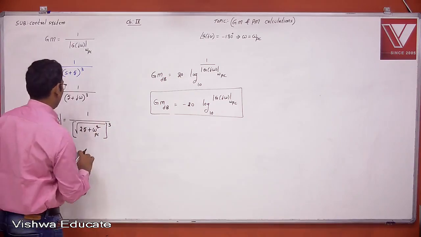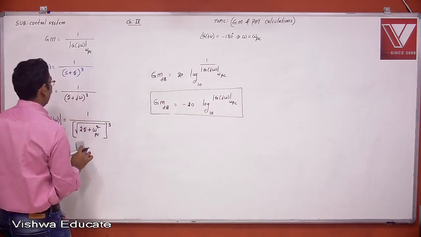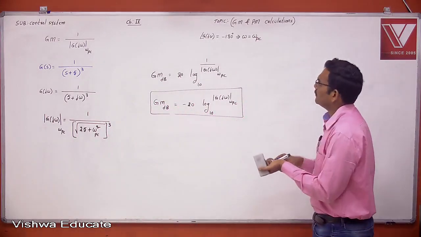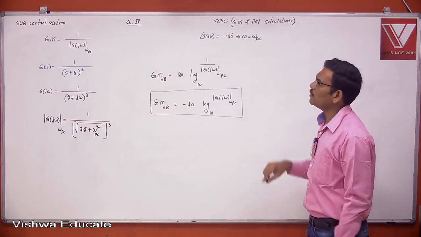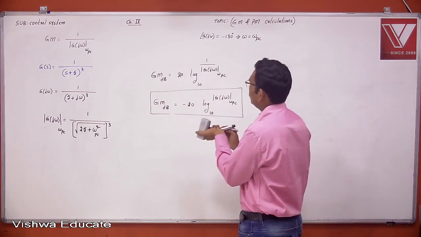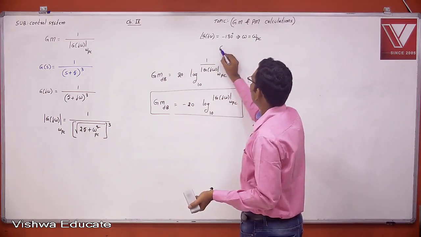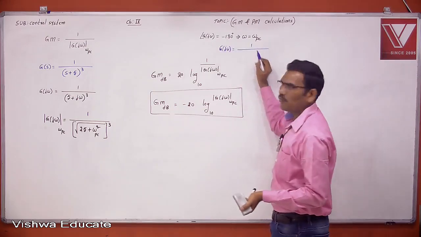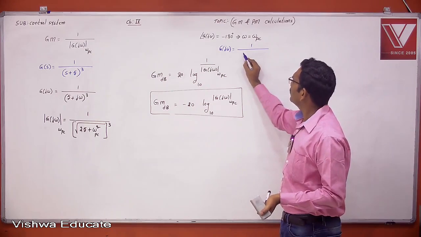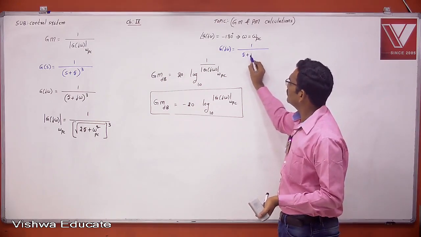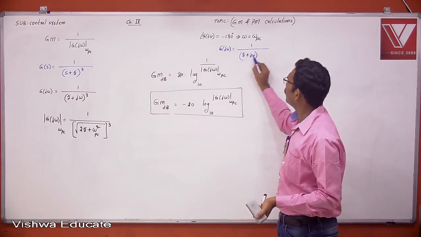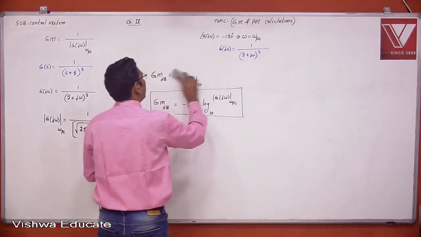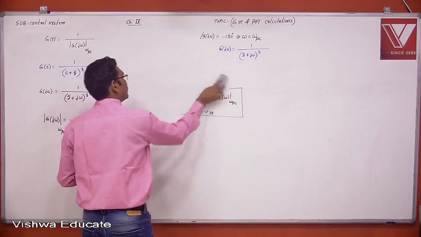Now what is the phase crossover frequency? It is the frequency at which the phase angle is equal to minus 180 degrees. Therefore, replace s equal to j omega: G(j omega) is equal to 1 divided by (5 plus j omega) whole cube.